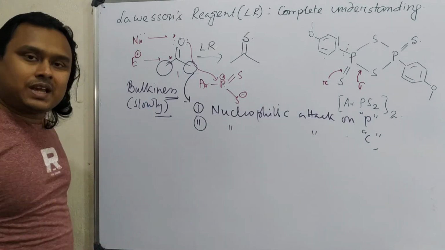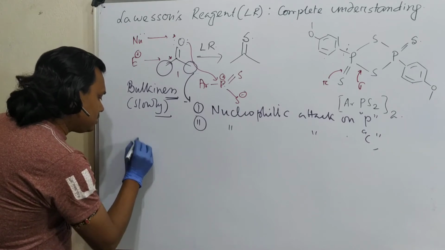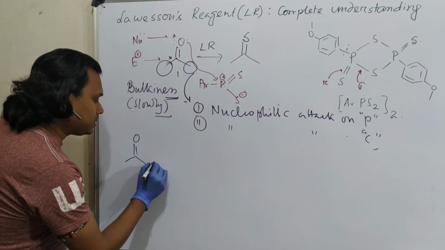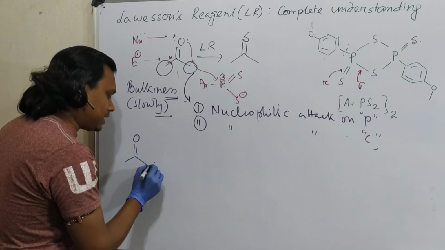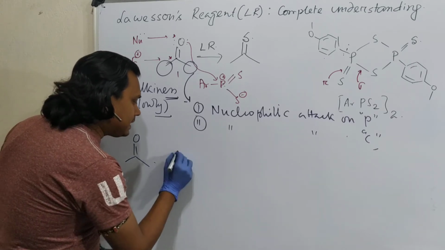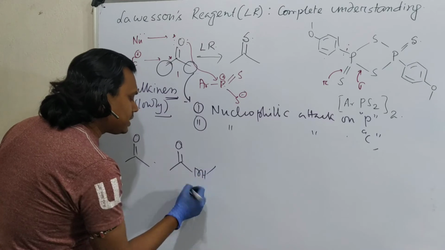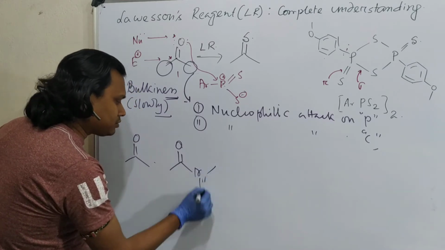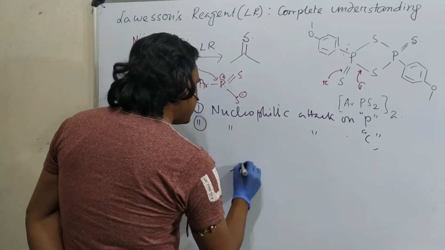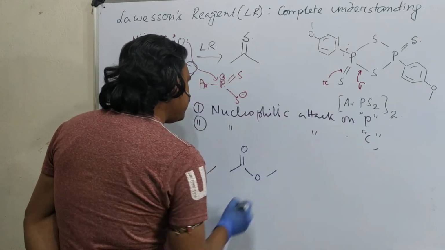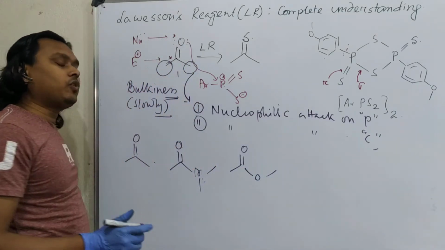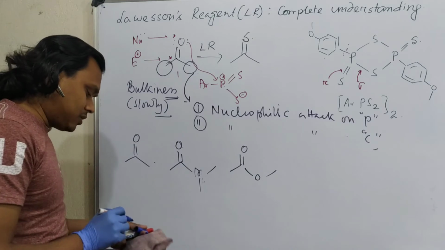So what groups can react? Actually, what group conversions are possible? This is ketone or aldehyde, whatever. Second is amide, or ester. Such kind of compounds could be converted, and what conversion will occur?